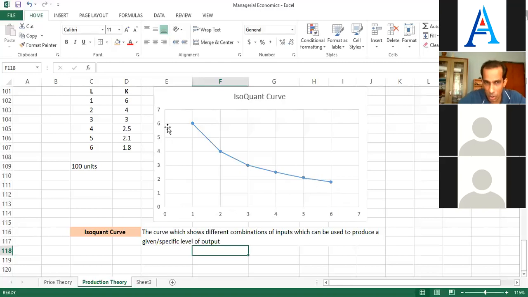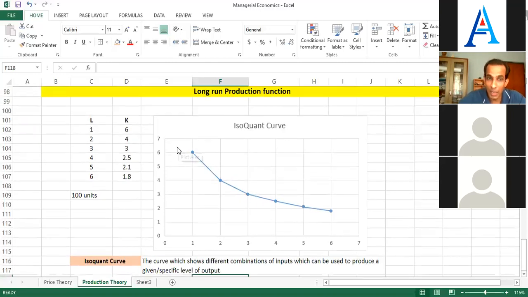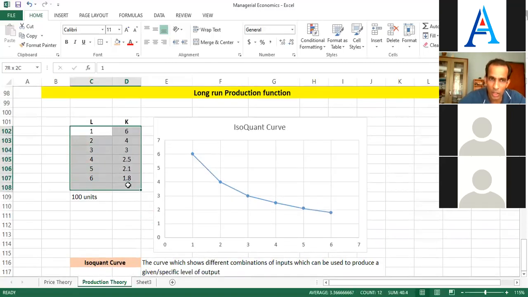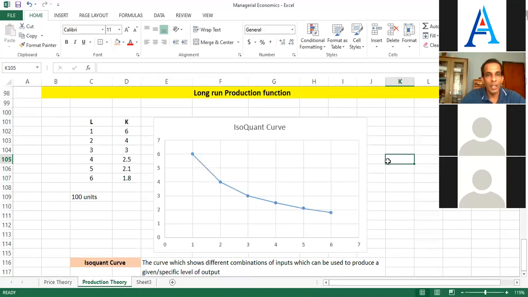But if the firm uses an input combination somewhere here, it is using a capital intensive production technique. There are different combinations of inputs which can be used to produce a given level of output. That is what we call iso.